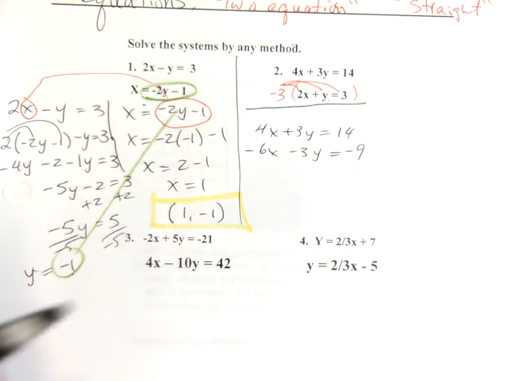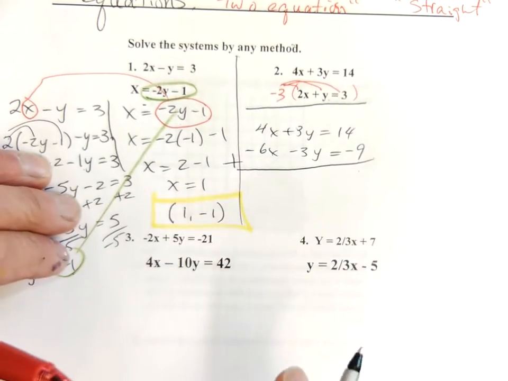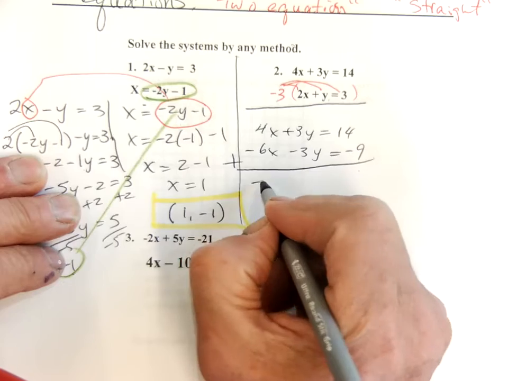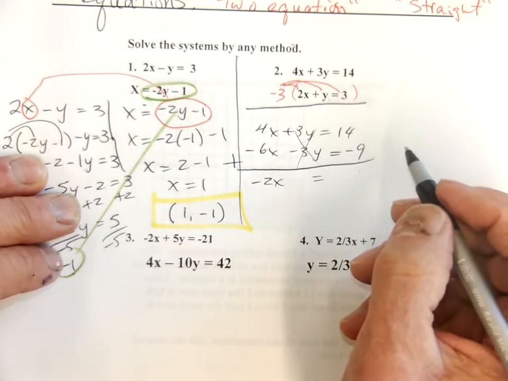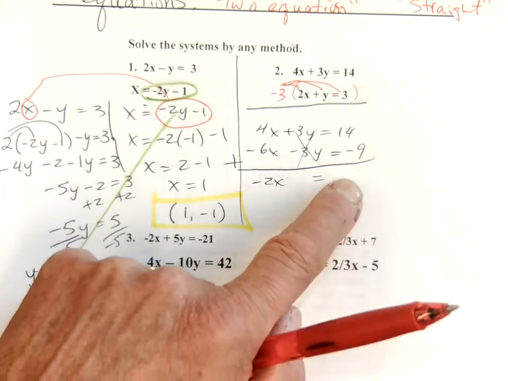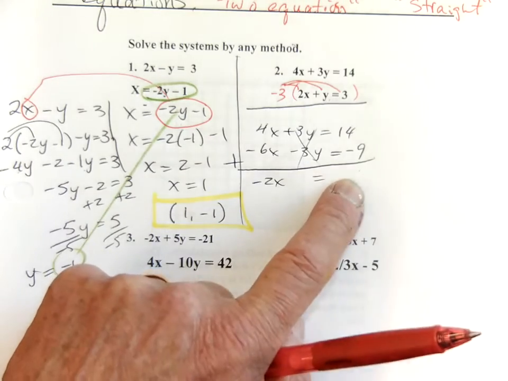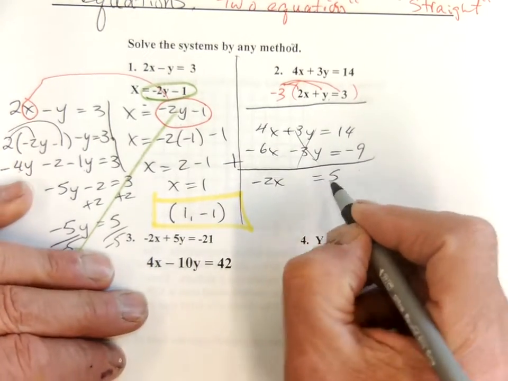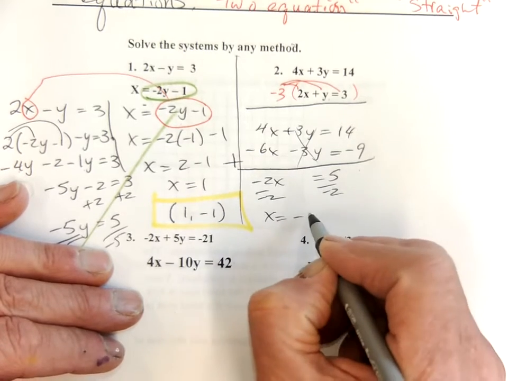So if I were to add them, my y's will cancel. I'll have a negative 2x. Y's are gone. Equals, what's that, 5? Is that 5? That's 5. Divide by negative 2, divide by negative 2, x is equal to negative 2.5.